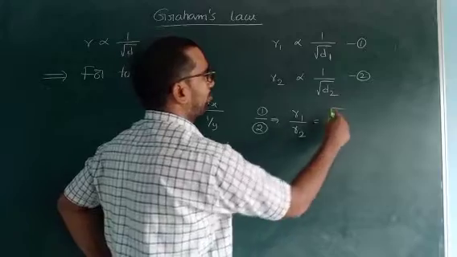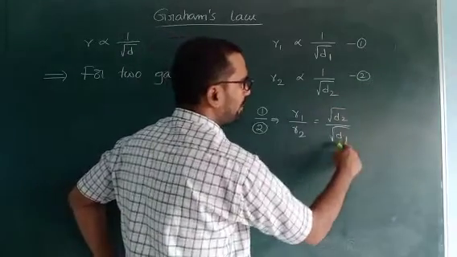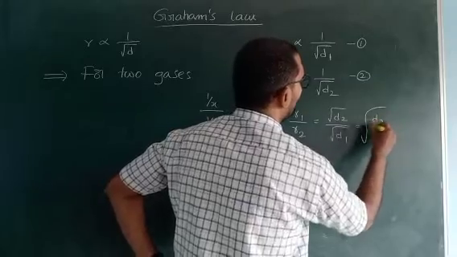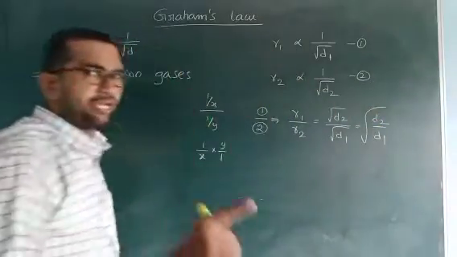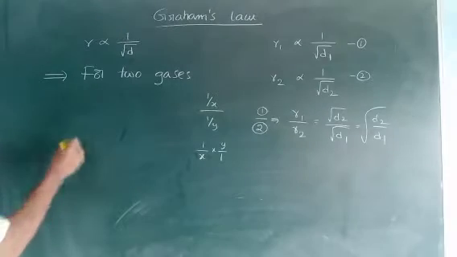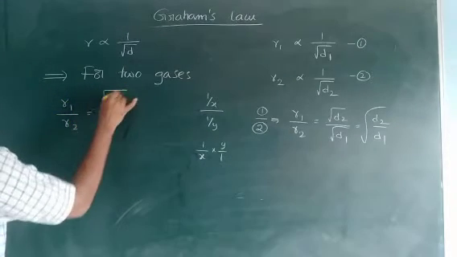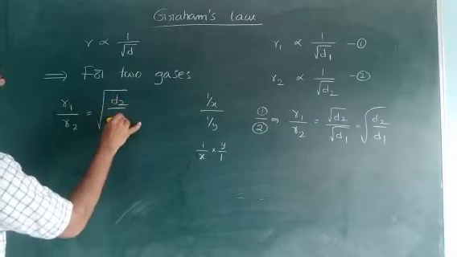R1 by R2 is equal to root over d2 by d1. So remember all of it, very simple direct formulas. R1 by R2 is equal to root over d2 by d1.